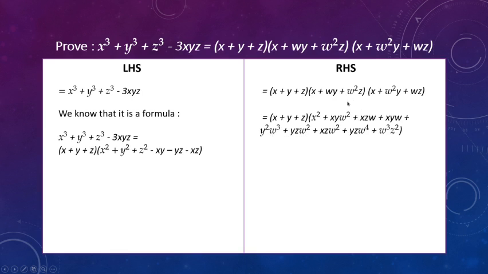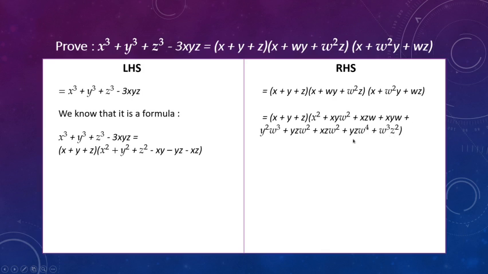Now omega square z will be multiplied with this whole bracket. When we will multiply x with omega square z, we will get xz omega square. Omega square y will be multiplied with omega square z, we will get yz omega 4, and last value is omega cube z square when we will multiply these two values.